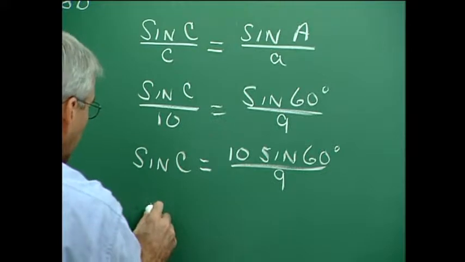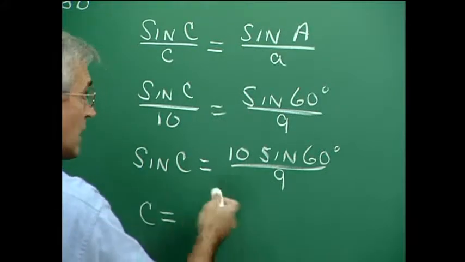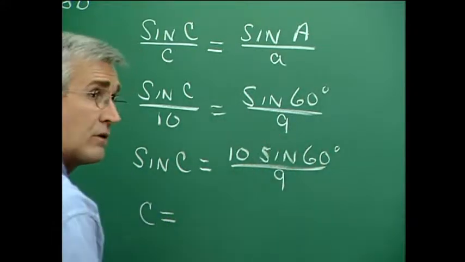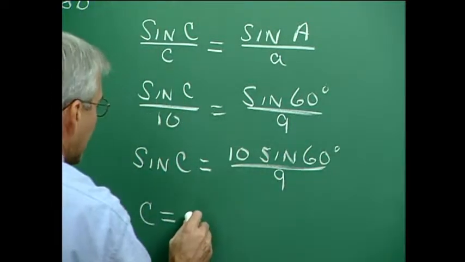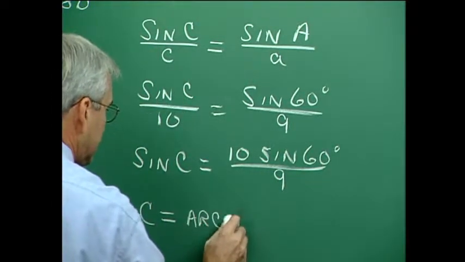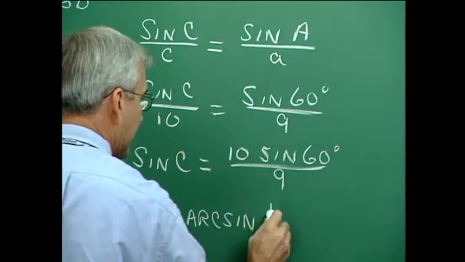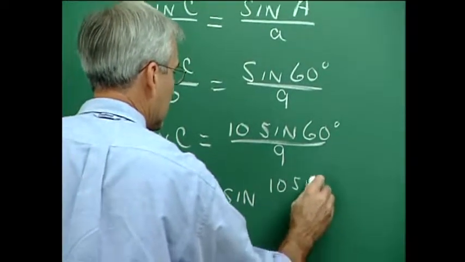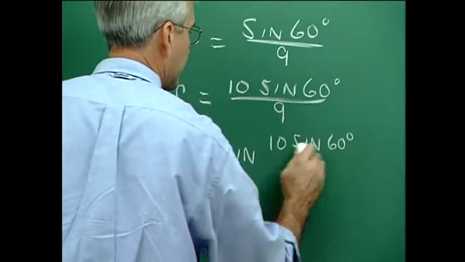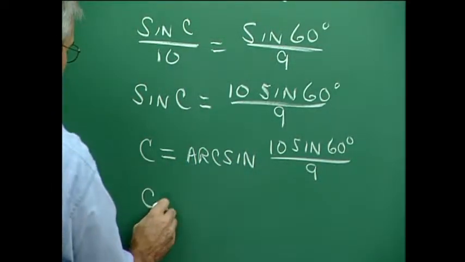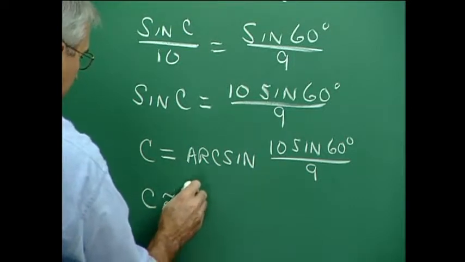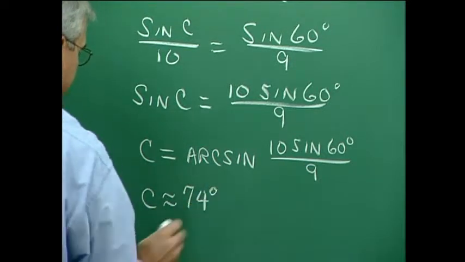So C, it will turn out, is the arc sine of that value, whatever it is, or the inverse sine of this. So I can say arc sine of that fraction for calculation purposes. And again, punching the calculator, we find that C is approximately 74 degrees.